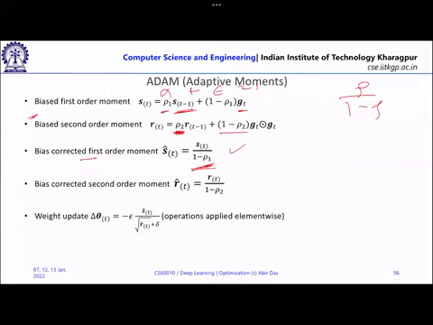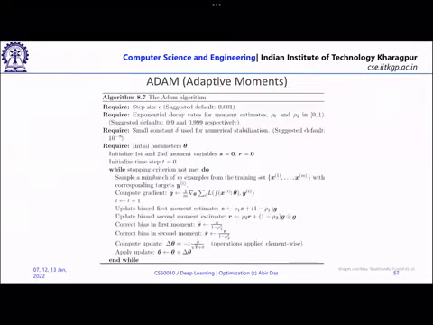Then there are bias corrections for both, and then the weight update is the same as RMSprop. So this is the full Adam algorithm, but I think I have described the components. I will give you time to read it at your own leisure.